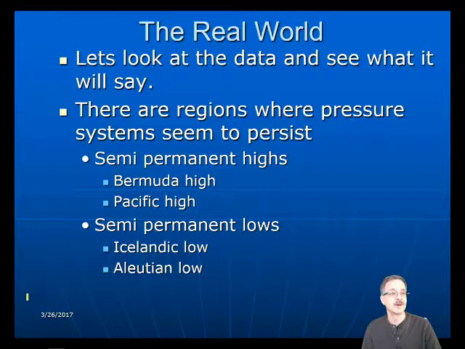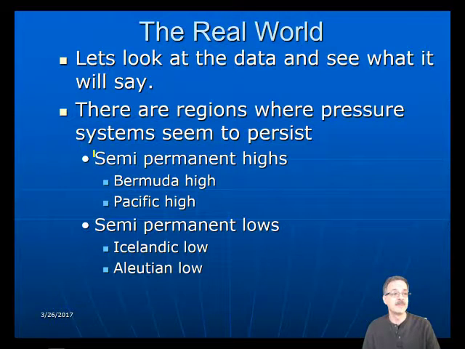All right, so let's make it more of a real-world model. So we're going to bring the land masses back in. And so to do that, we need to look at some data and see what it says. And what it's going to end up saying is we're going to see regions where we have pressure systems that persist over time.